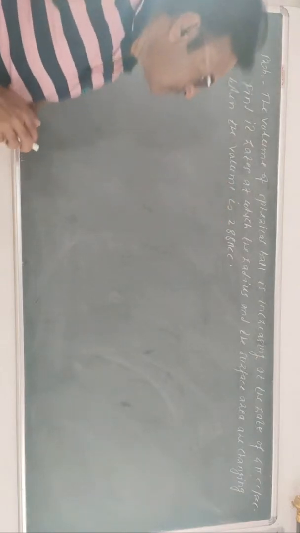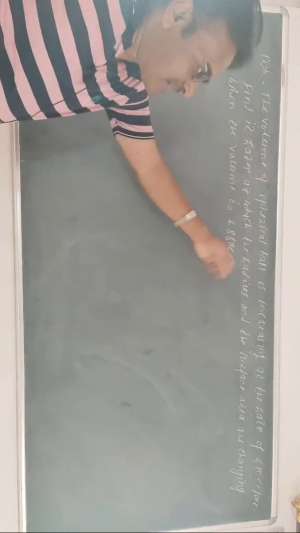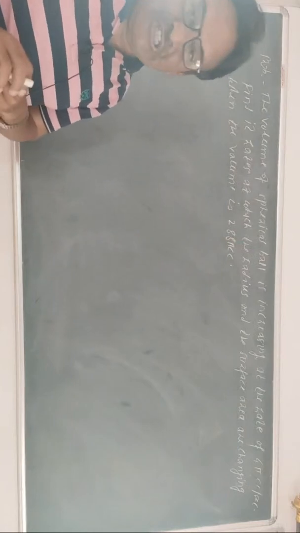That is, here we find the rates at which the radius and the surface area are changing.